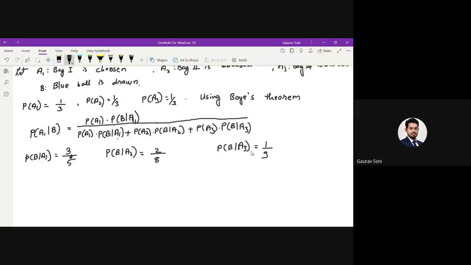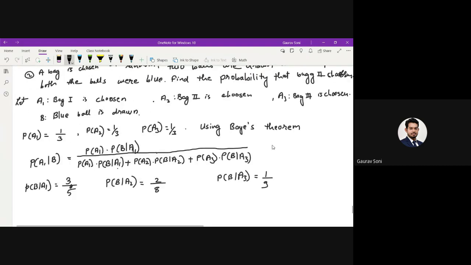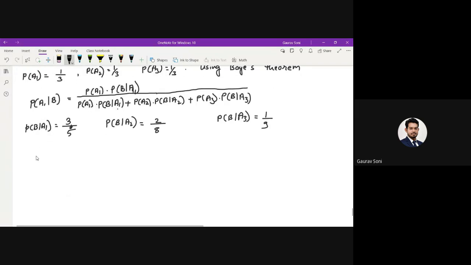If anyone is having a problem with these probabilities, you can really ask. So we have all the information. Let's find the probability now.